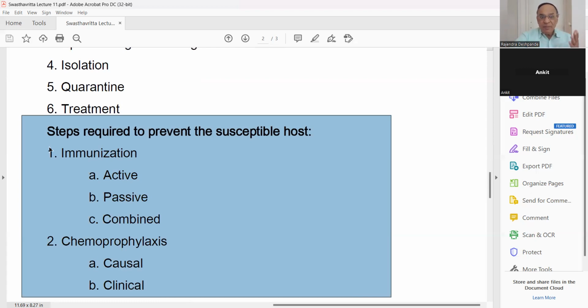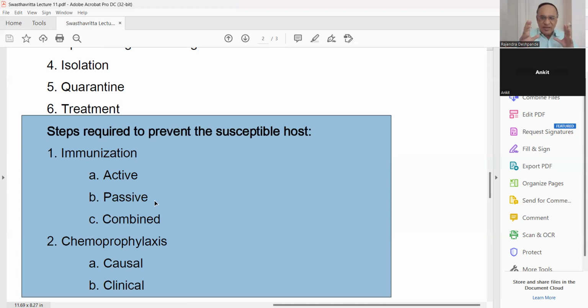Then immunization may be active, may be passive, may be combined. Okay. So, for example, tetanus toxoid, taking this injection to prevent tetanus disease. What we do regularly, we periodically take TT, but that is called not active but passive immunization, because we are developing some antibodies after some period.